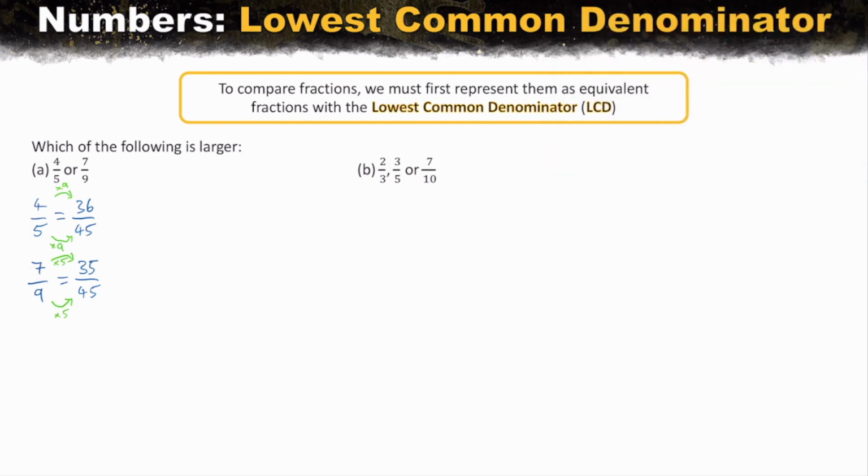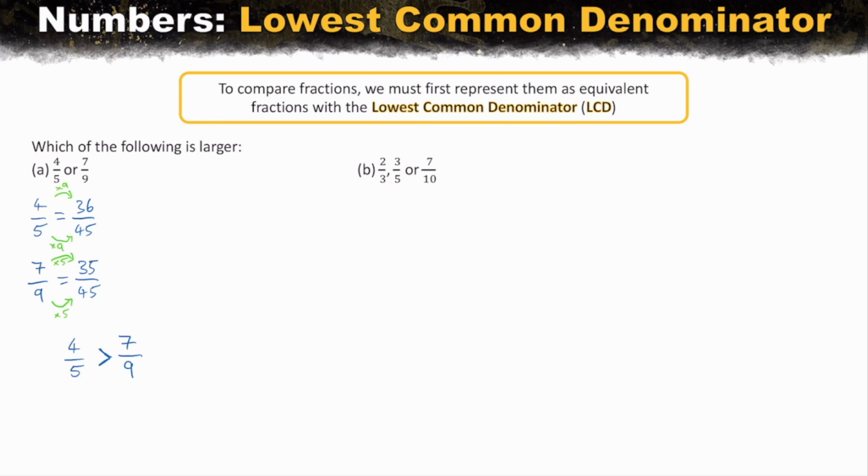How would I state that? Well, I say that 4/5 is greater than 7/9. Okay, the open section of this inequality symbol is to the larger number. So 4/5 is larger, so this open part has to be pointing towards the larger number.